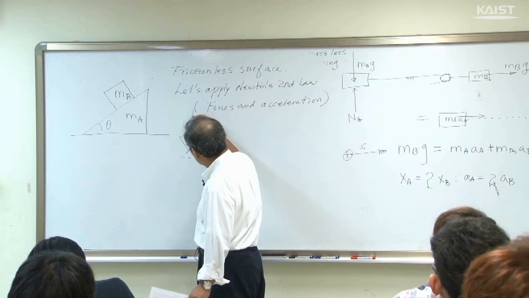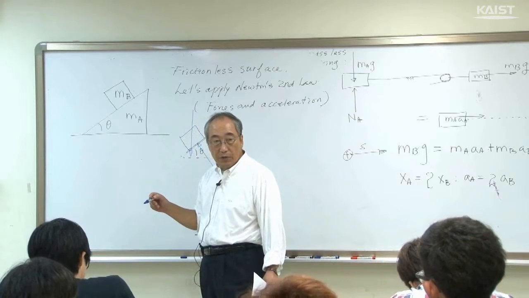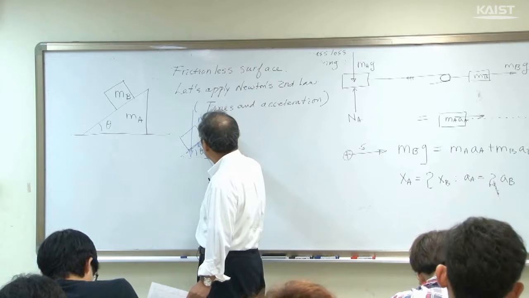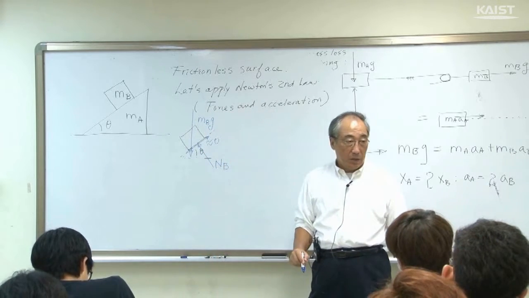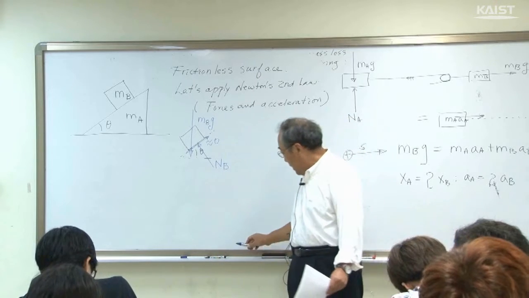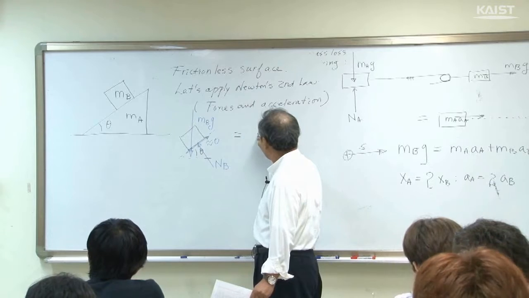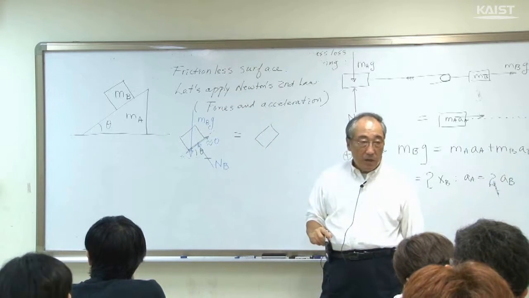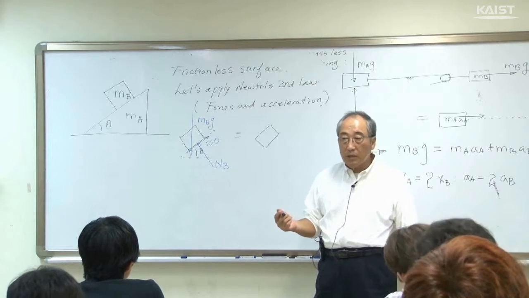And also there should be some force due to gravitational force field. That is MBG. No other forces are possible on this problem. And that has to be equal to mass times acceleration, that is MB, some acceleration.